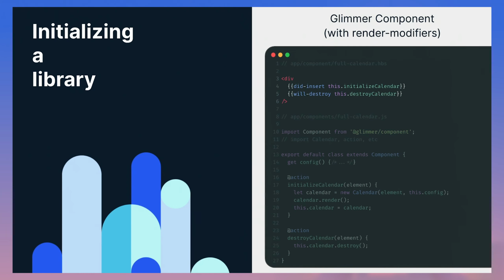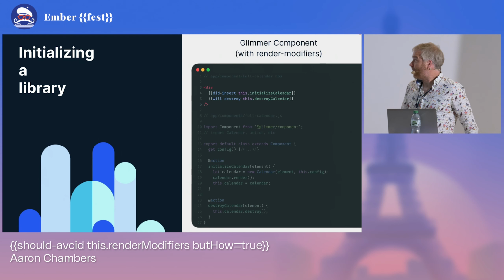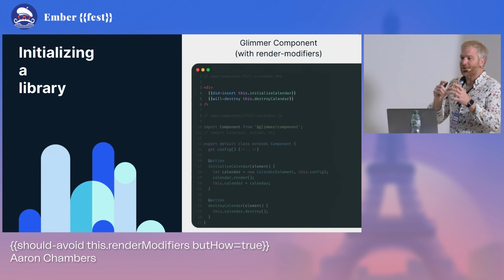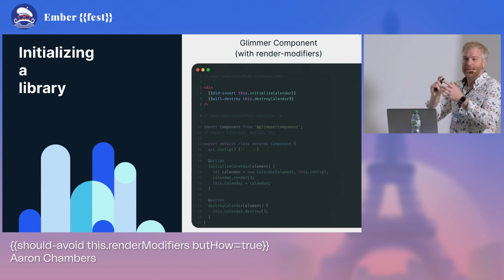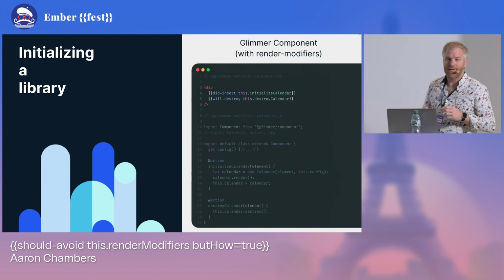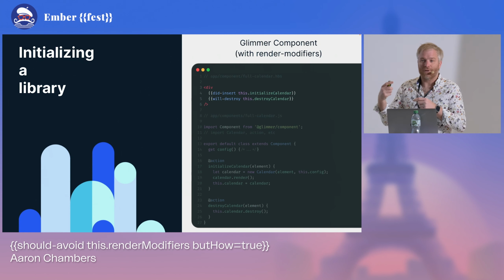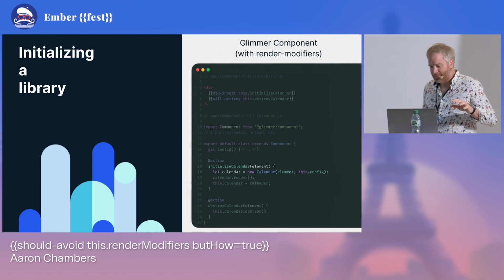That DOM element was implicit with classic components, but doesn't exist with Glimmer components. So we've had to add this div just so that we can use the render modifiers. A little bit of a smell there. And also the setup and teardown are not grouped together, which is a little bit of a problem. These two things need to happen together. They're logically grouped, but we now need two different modifiers running. They're sort of separated. So these are some of the downsides.